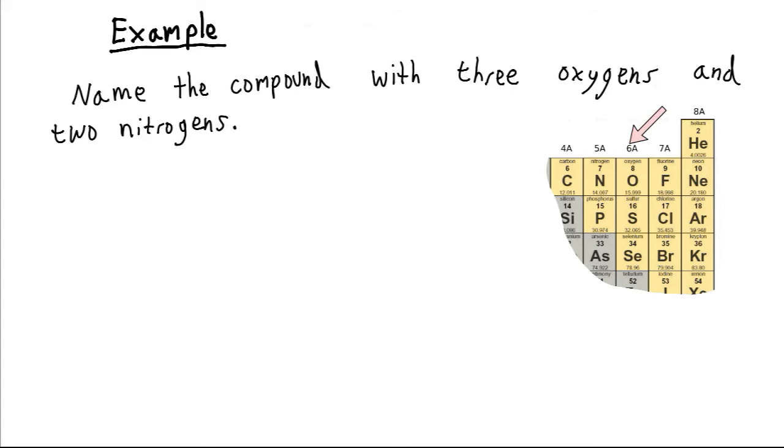So we look here, oxygen is to the right of nitrogen. So since nitrogen is further left, we will name that first. So we'll have nitrogen and then oxygen. Now since oxygen is the last element which is named, we chop off its syllables at the end and replace them with "ide." So we now have nitrogen oxide.